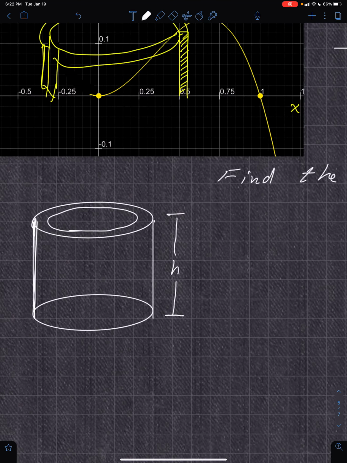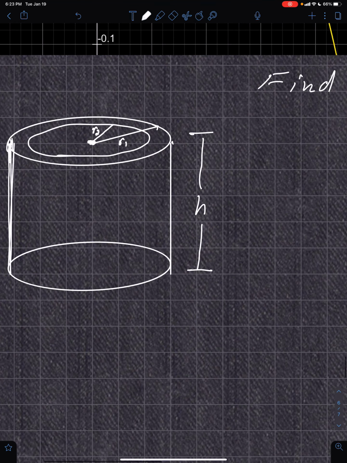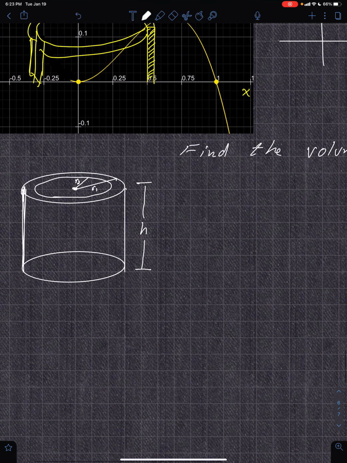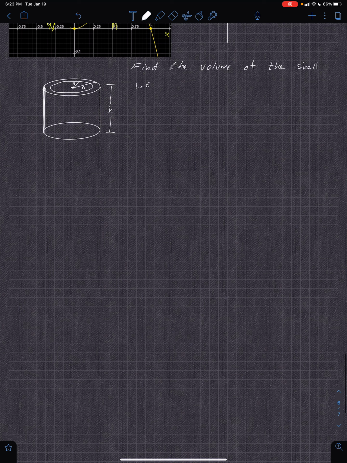Then what you have for these shells is you have a radius. You have an outside and inside radius. We'll call that R1. And then you have an inside radius like that. We'll call that R2. And so the thickness will be that difference. Sorry if that messes you up. I'm just trying to zoom in so you can see it better.